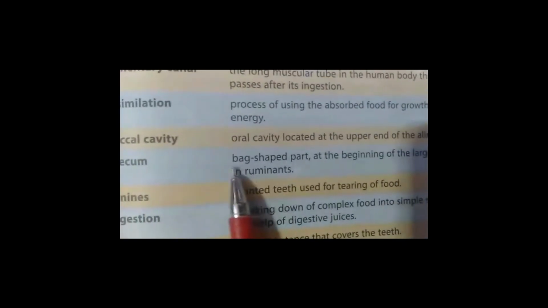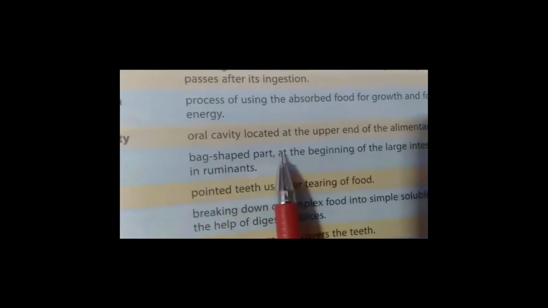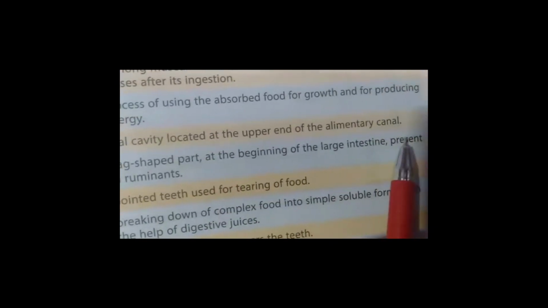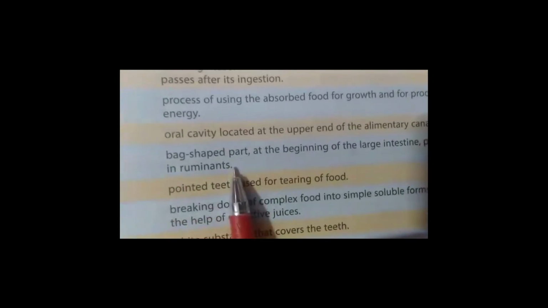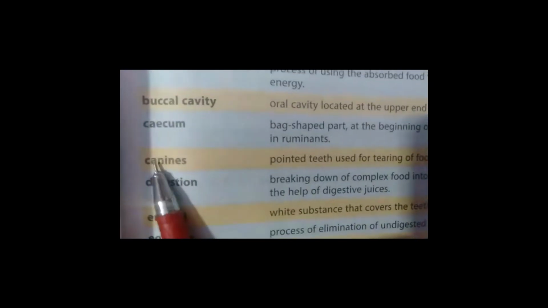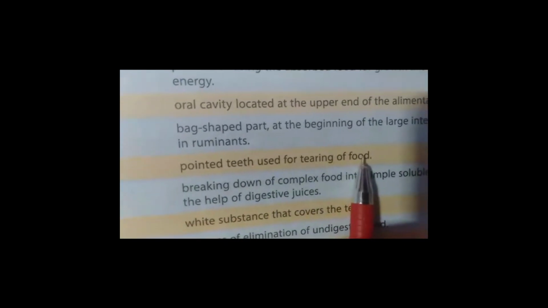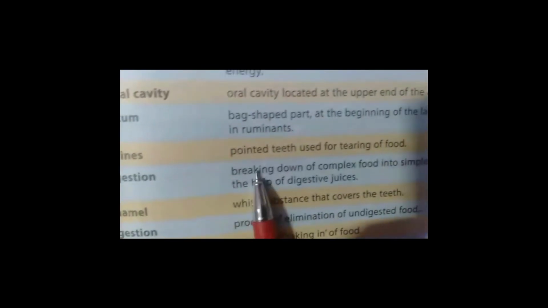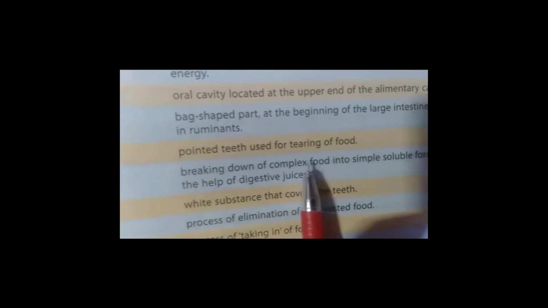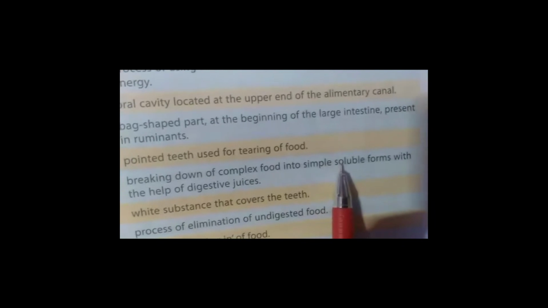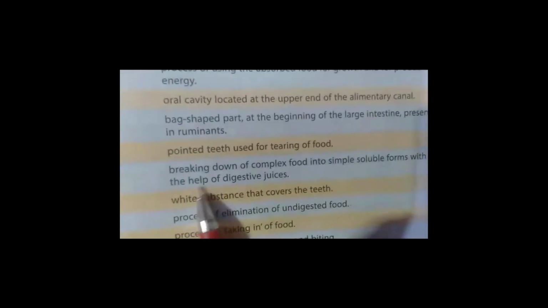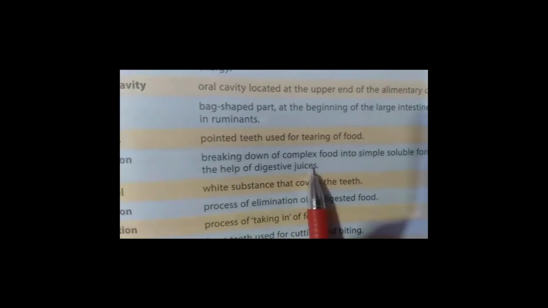Caecum: bag-shaped part at the beginning of the large intestine, present in ruminants. Canines: pointed teeth used for tearing food. Digestion: breaking down of complex food into simple soluble forms with the help of digestive juices.